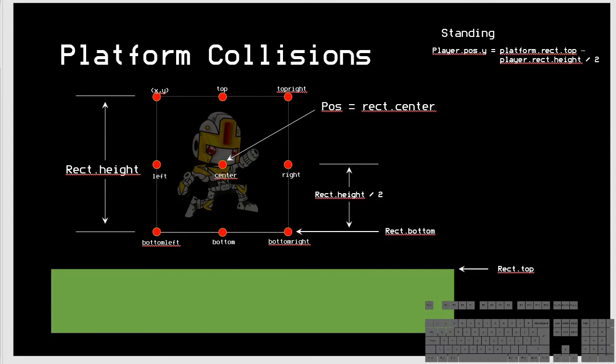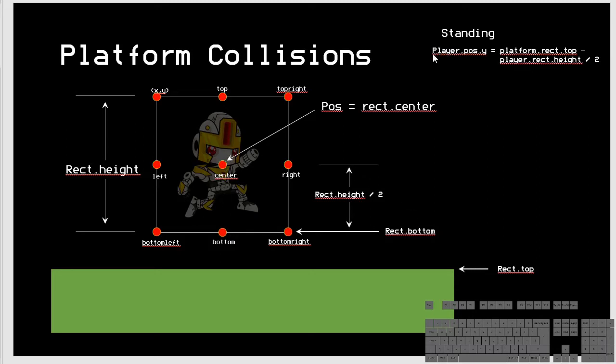So what we need to do is change the way we work it out. We know the height because our hitbox has a height, and we know we're setting the center one, so we need to push it up half our height.